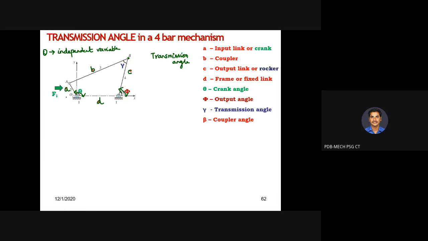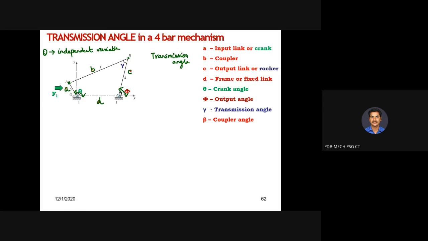Now, assume we are going to apply some force on the input link, that is the crank. Whenever I apply some force or some torque or some angular motion through some prime mover, what will happen? Suppose the crank will rotate, or it is going to displace from this particular position.